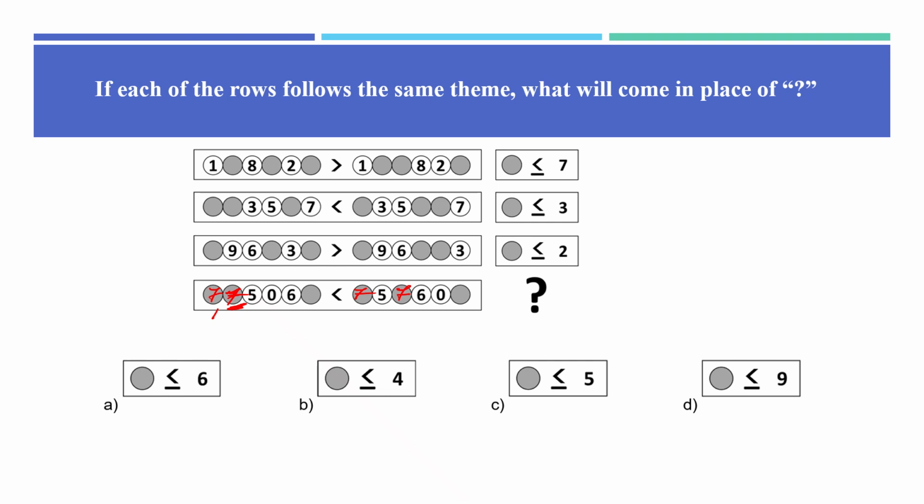On the other side, it is 7,57,000. Okay, let's check with 6. Okay, it is 6,65,000, but this is 6,56,000. Still, it is wrong. And now let's check with 5.